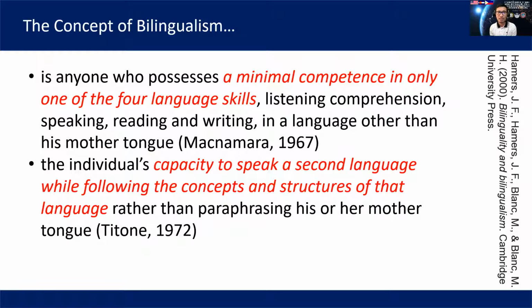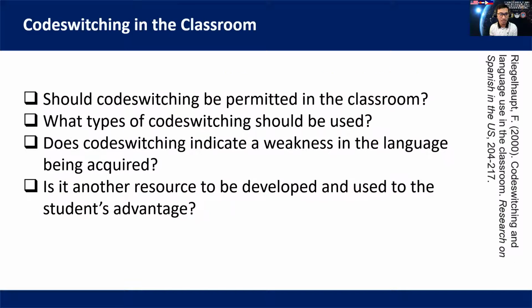And this is a very promising definition, in my perspective, because it considers someone bilingual even if he or she has only a minimal competence in another language, say only in reading, only in writing, or only in speaking. According to Tony in 1972, bilingualism is the individual's capacity to speak a second language while following the concepts and structures of that language rather than paraphrasing his or her mother tongue. Still, it talks about proficiency in the two languages.